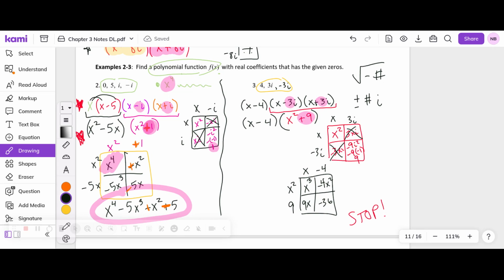None of those can be combined, and we end up with x cubed minus 4x squared plus 9x minus 36. And then we have power of 3, which is great because in the start we had 3 roots. Okay, cool. I will finish up with you in the next class, and if you have any questions, just make a note on there, and hopefully I didn't screw you up too much with my little sign issue.